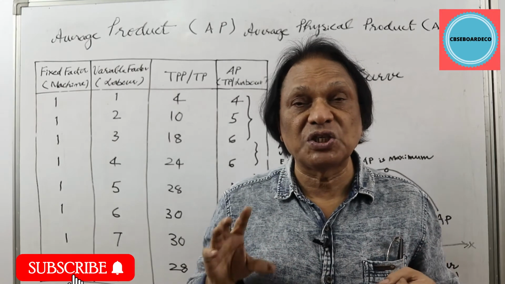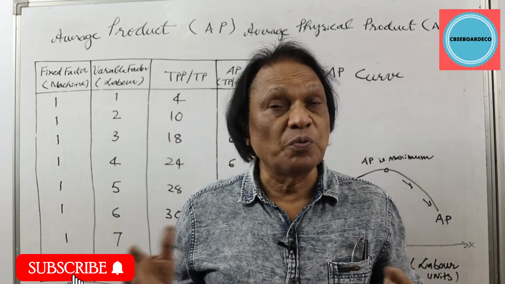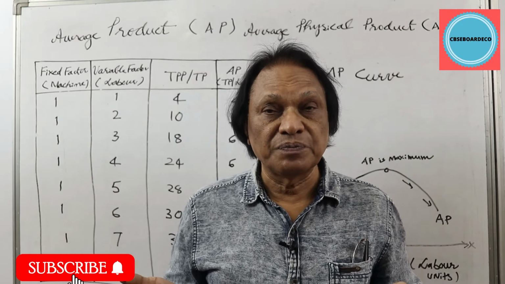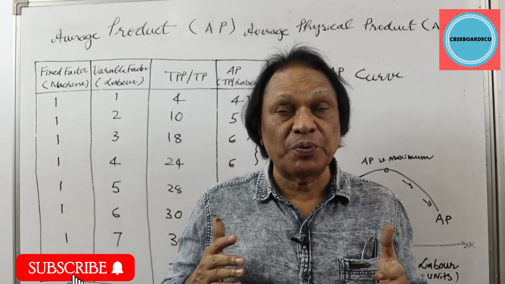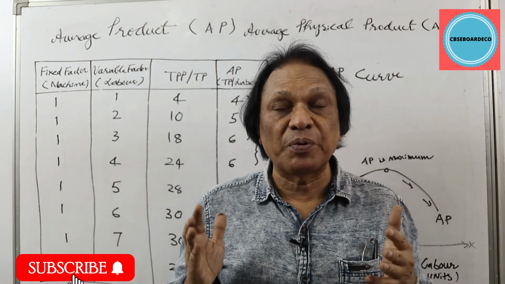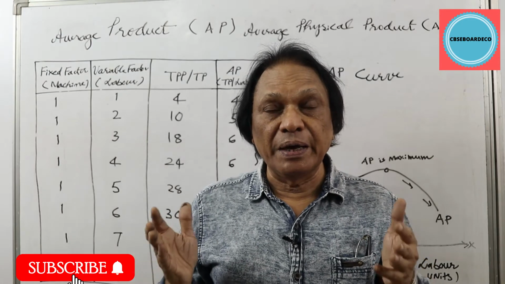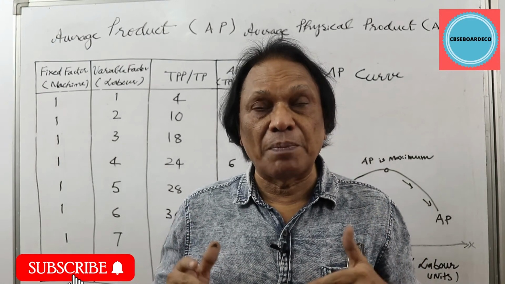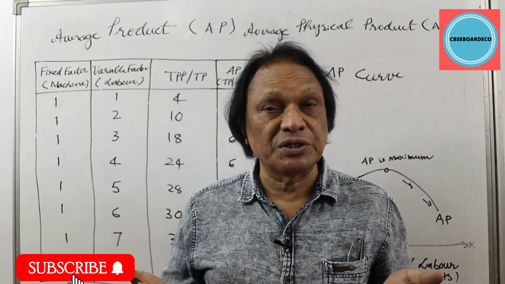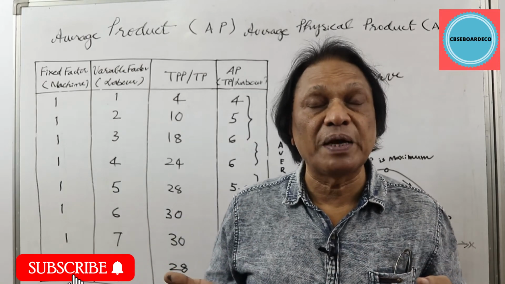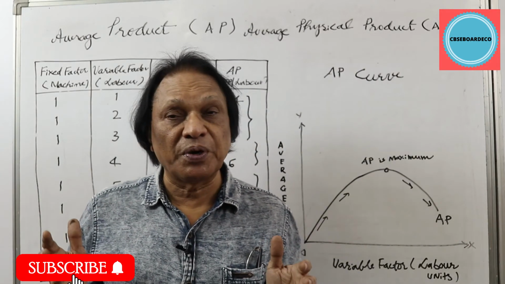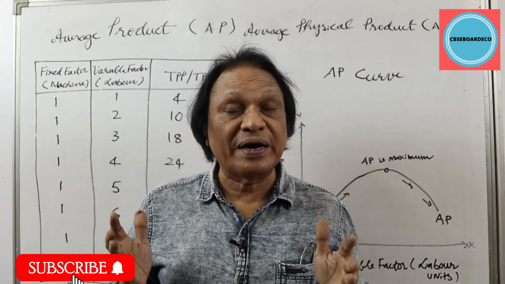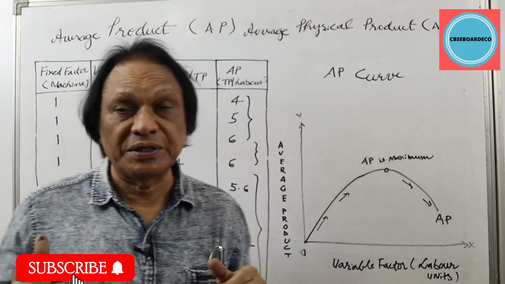That means on average each laborer is giving you 2 pens. I repeat, average product is per unit production of labor. AP is equal to TP upon labor units, or TP upon variable factors of production. The variable factor we always take as labor units.